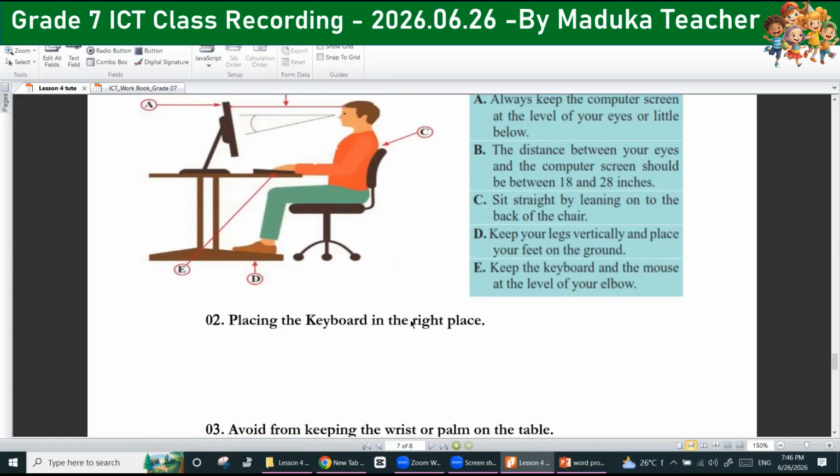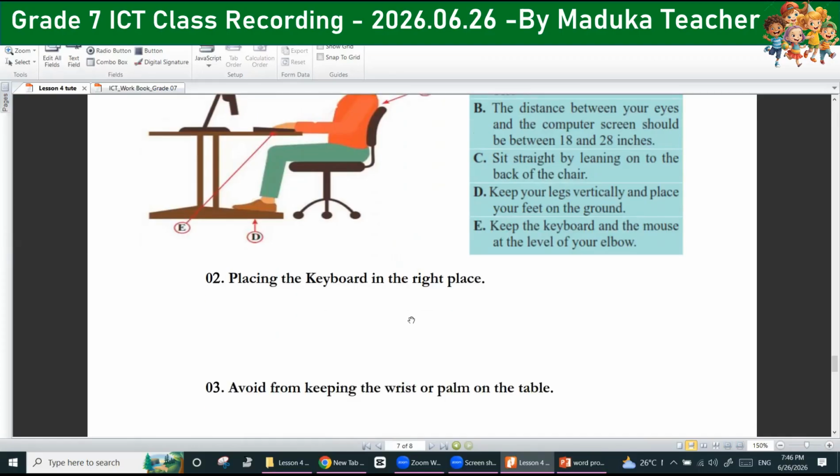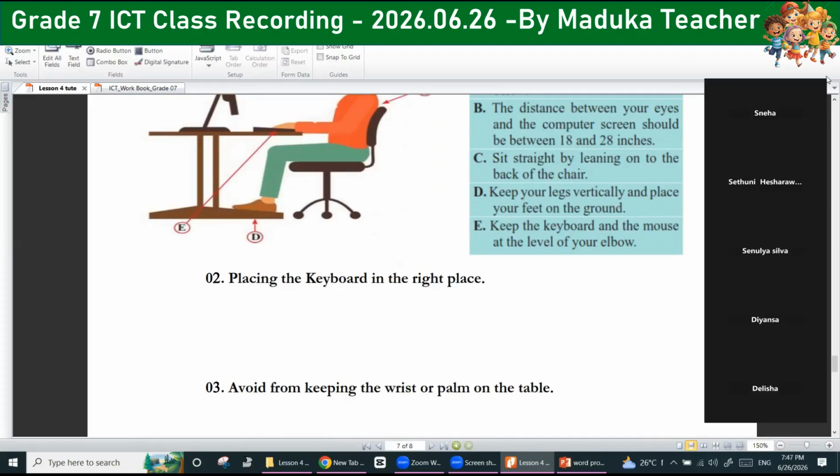Next one, place the keyboard at the right place. Okay, what's the right place? I'll point out someone. What's the right place, Shanvi Mendis?